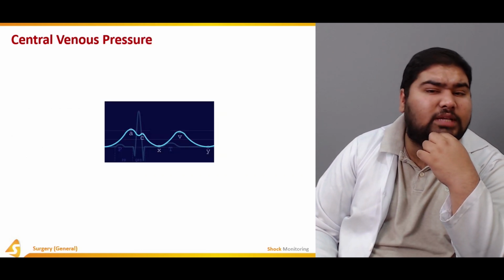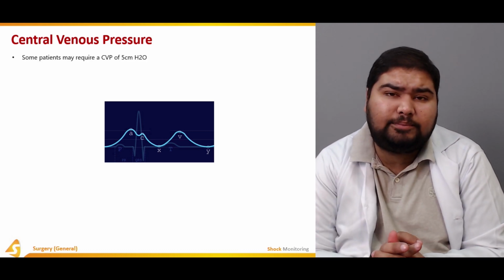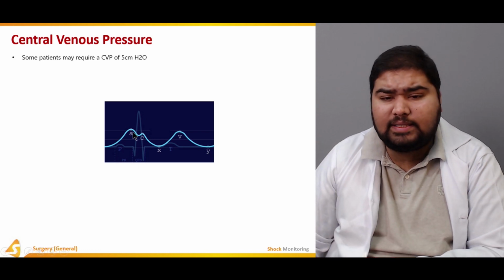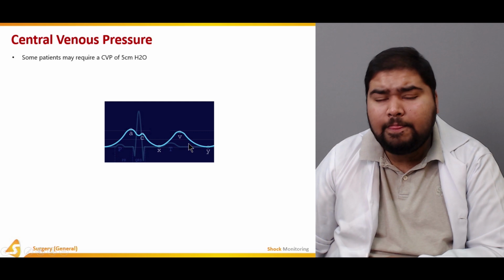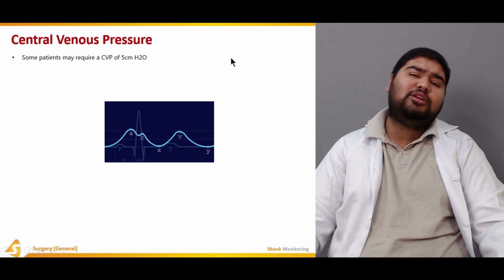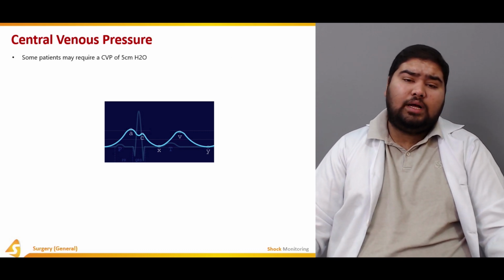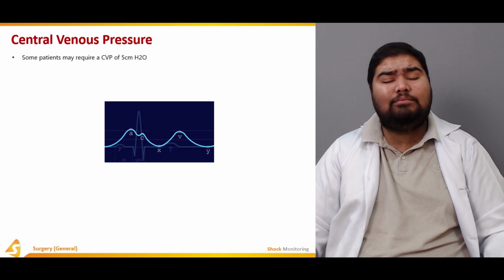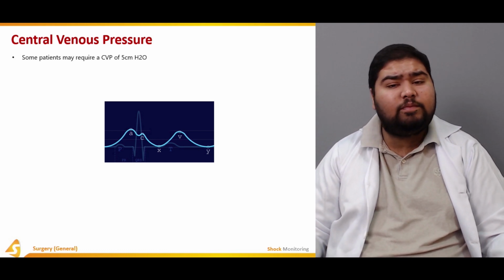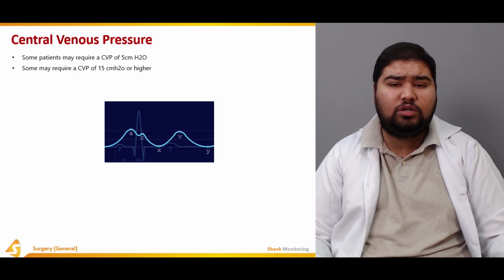So moving on to central venous pressure. Central venous pressure is shown in this graph in the figure. It is actually the right atrial pressure, the pressure of the blood that is returning to the heart. Now there's no fixed value of central venous pressure. Some patients may require a central venous pressure of 5 centimeter water.